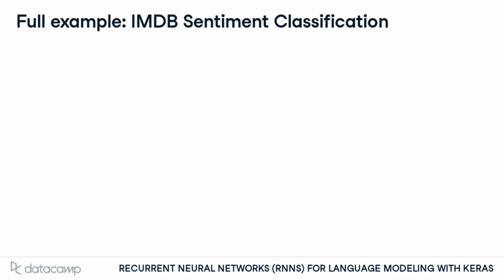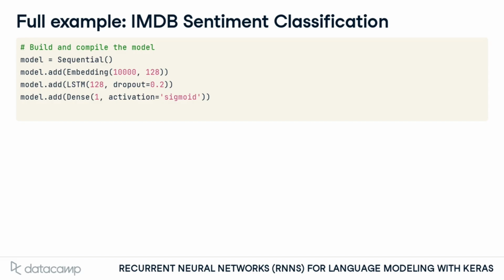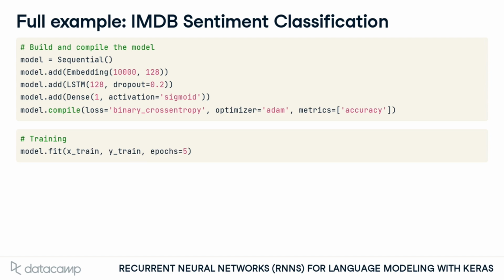To create a full example, let's instantiate the sequential class. Add 3 layers. Don't bother with the new layers for now. We will explain them in details on chapter 2. And compile. Next, we can use the training set to fit the model and measure its accuracy on the test set.